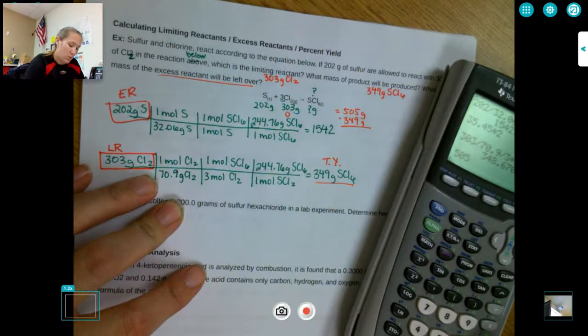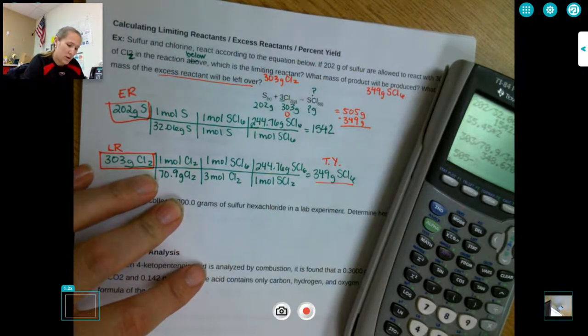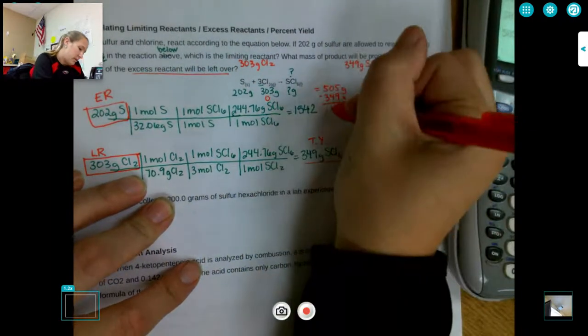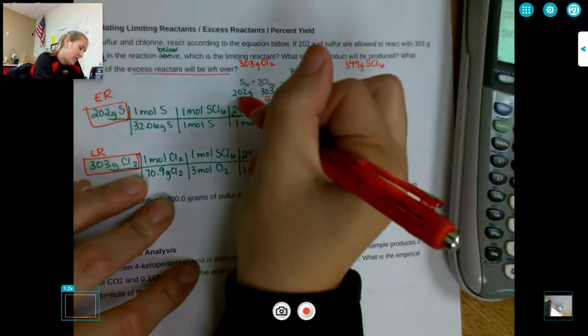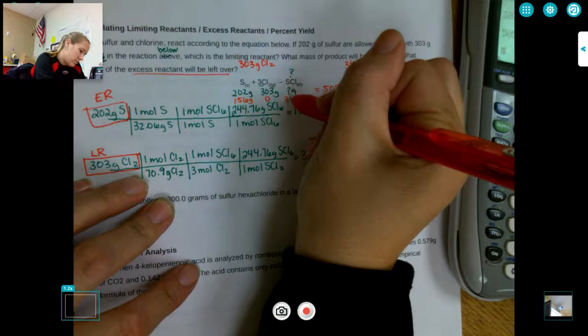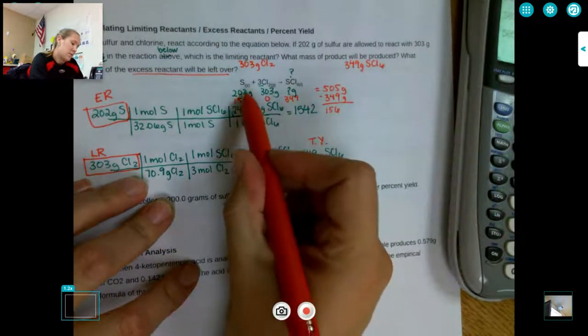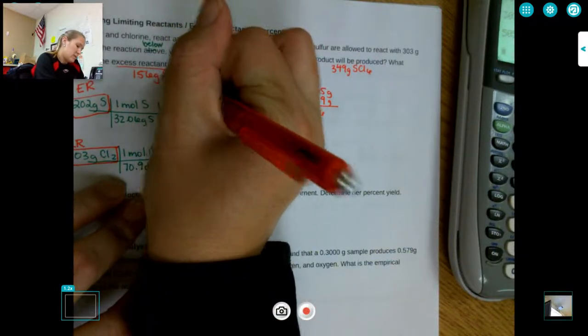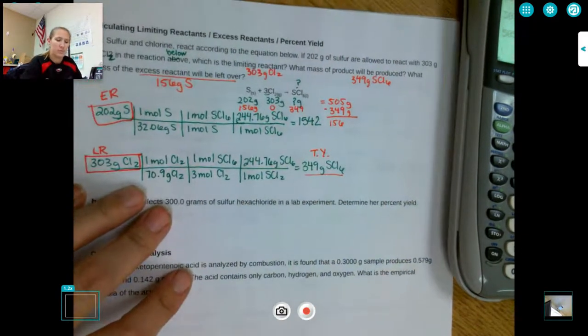So the amount left over, because I just have 2 reactants and 1 product, is 156. So I have 156 grams of my excess reactant left over, 156 grams of sulfur.